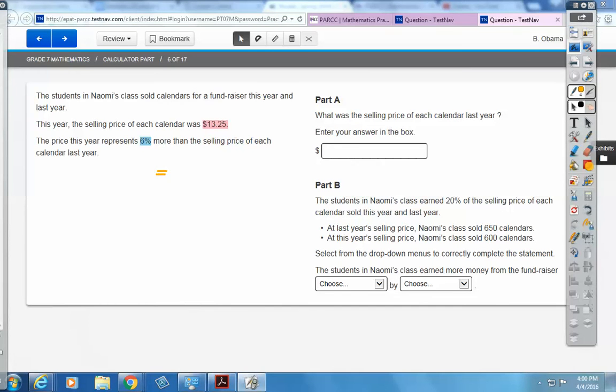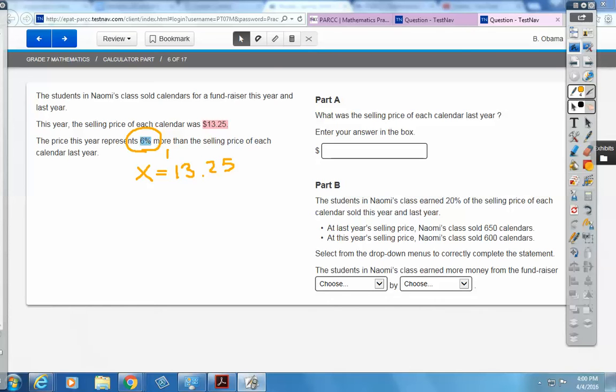That means that $13.25 is going to be equal to some number. I don't know what that number is, so let's call it X. And 6% more. Well, what does that mean? If it was selling for 100% of the price last year, that would mean it'd be the same, right?